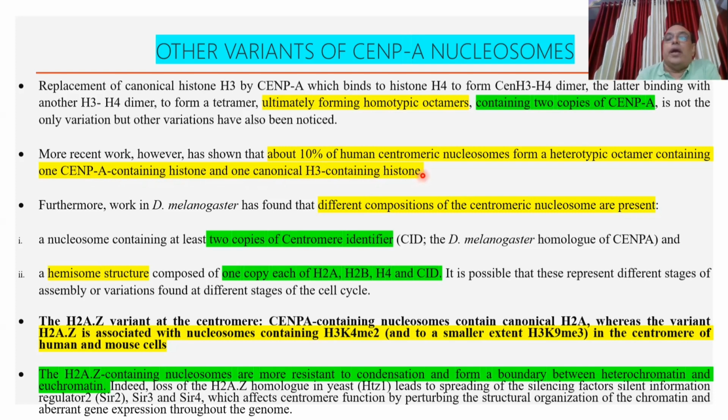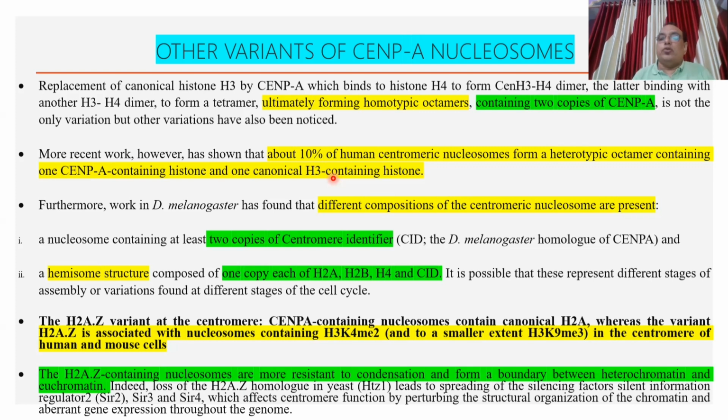That is, here the octamer was being formed by CNP-A and H4, two dimers of CNP-A and H4. But in some cases, in 10% of cases, that CNP-A histone, that is the centromeric histone, forms a dimer with canonical H3.